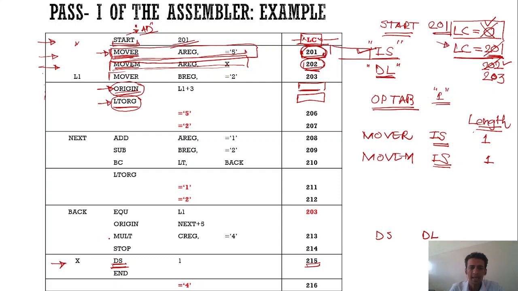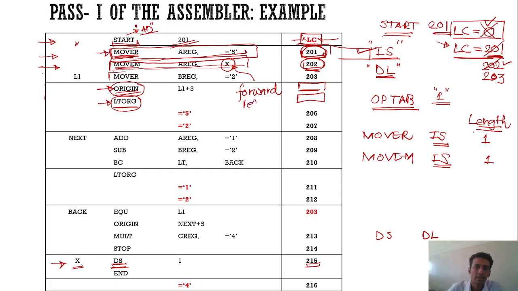It means that the symbol X, which is present in the DS instruction in the label field, is defined here, and this X was being used throughout the program. So this occurrence of X in the beginning was a forward reference.